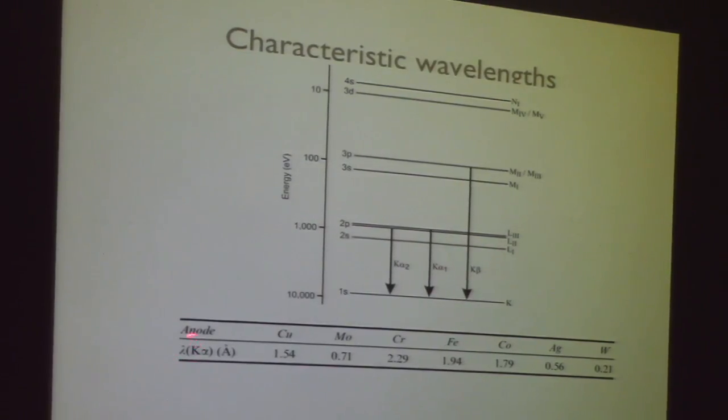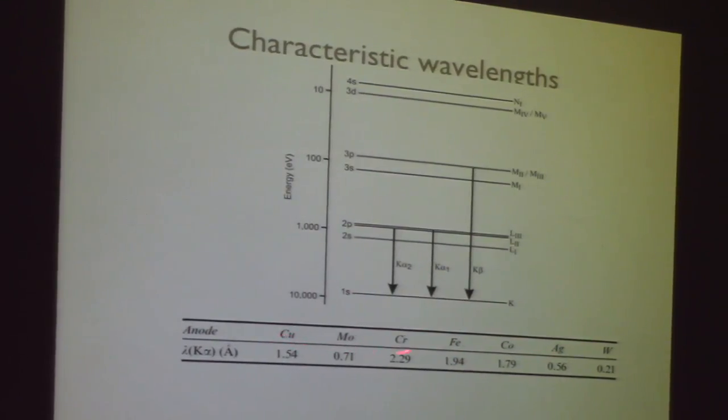So what wavelengths do we get out? It depends what metal we put in. These are some transition metals: copper, chromium, iron, cobalt, and these all produce X-ray wavelengths in a similar region. They're between 1 and 2 angstroms wavelength. Copper is the most common kind of source. It's 1.54 angstrom wavelength, but you can also do cobalt, iron, chromium, for example.